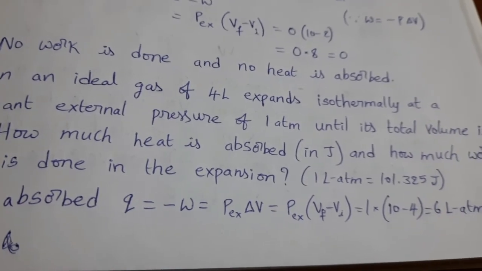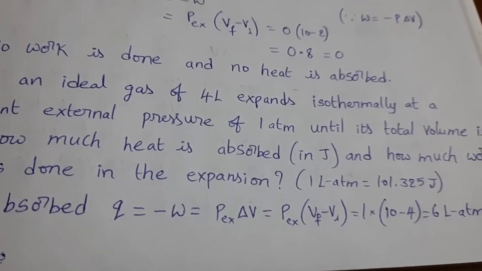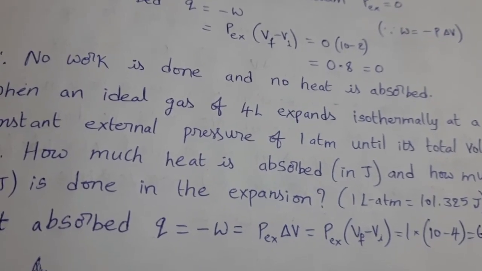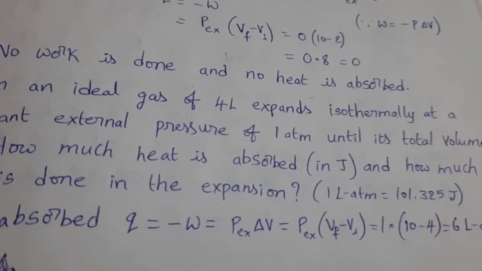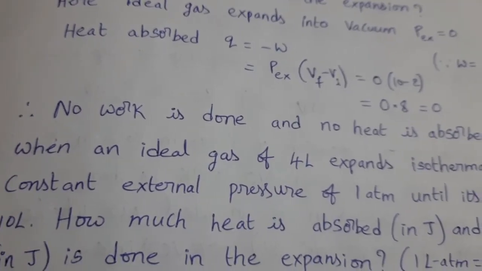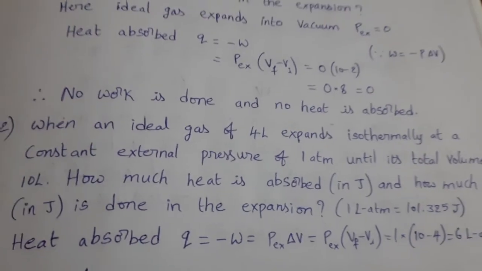Here a conversion is given: 1 liter atmosphere equal to 101.325 joules. In terms of joules, we should calculate the absorbed heat energy and the work done. Initial volume is 4 liters. Next, final volume is 10 liters.